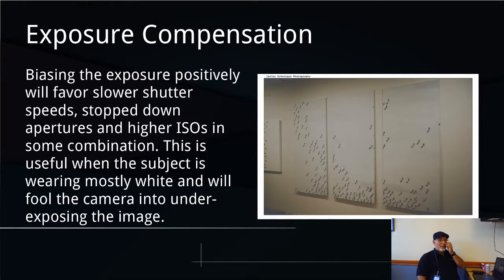So in this case, when you have something that's super white, it will tend to underexpose the image. So you dial in some positive exposure compensation to make sure your whites are white and they don't start getting dingy and gray.